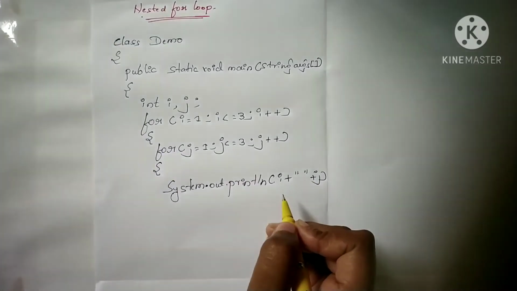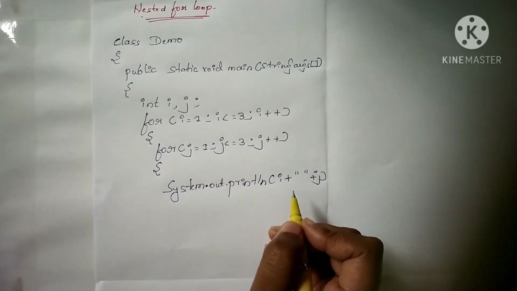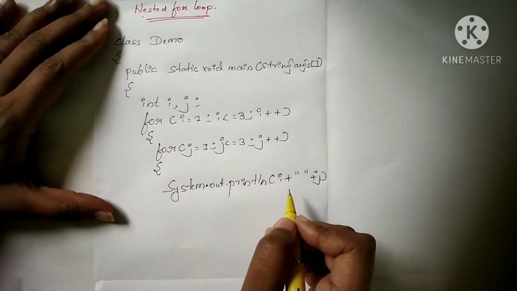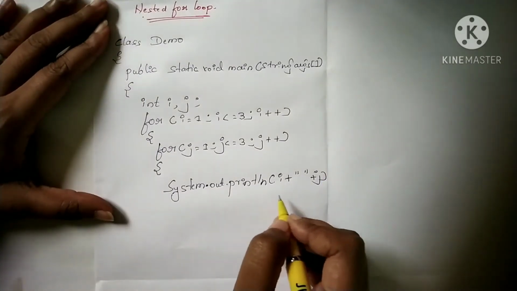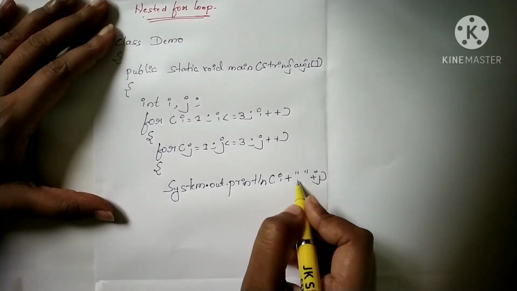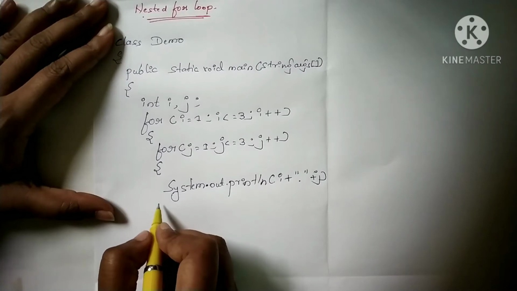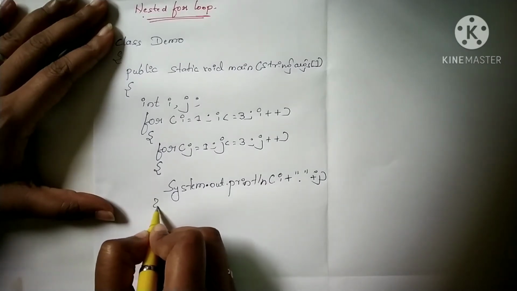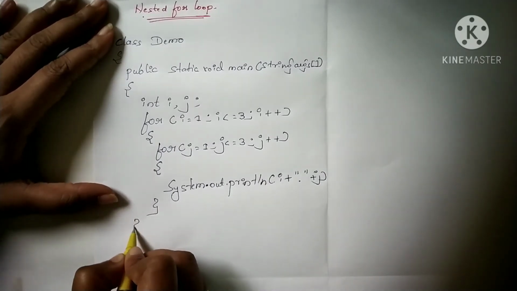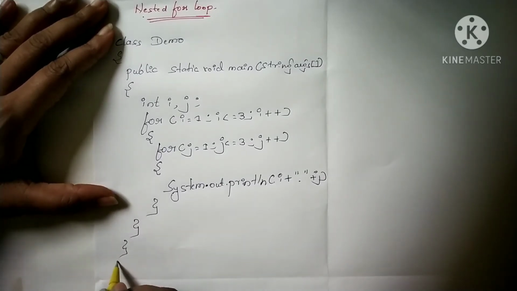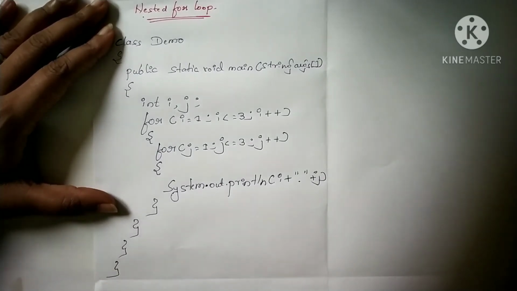If we are going to display the numbers separated by a space we use this double quotation. For this I am going to end the j loop, i loop, main method and class.